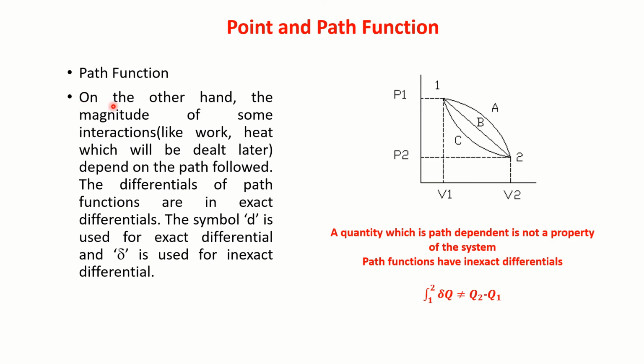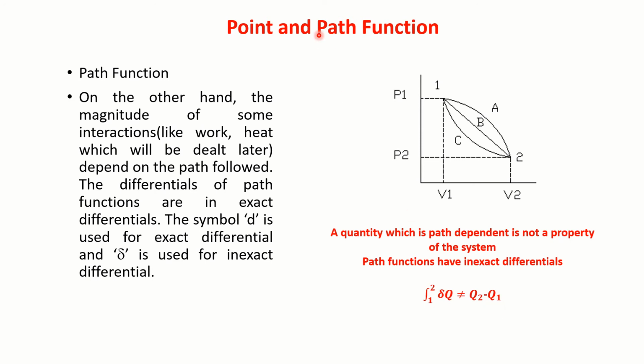On the other hand, the magnitude of some interactions like work and heat, which will be dealt with later, depends on the path followed. The differentials of path functions are inexact differentials. That's why we represent them with delta. The symbol d is used for exact differentials and delta is used for inexact differentials.